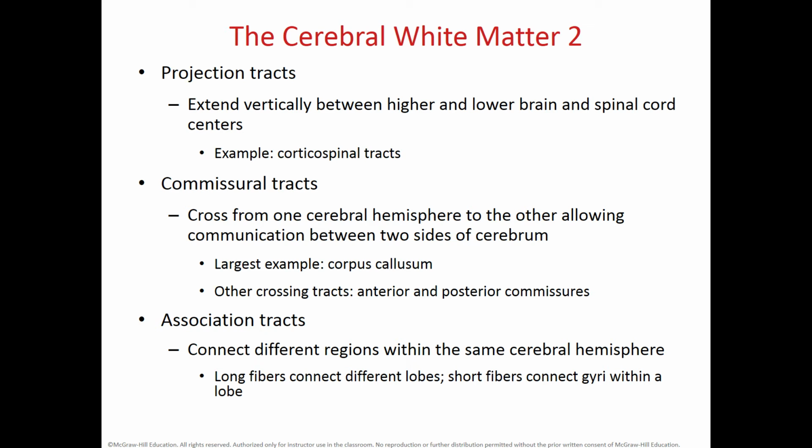For example, we have the corticospinal tract. Commissural tracts run from side to side of the brain, so they connect the cerebral hemispheres. We have the corpus callosum and the anterior and posterior commissures as examples of commissural tracts. And then association tracts connect the different lobes of the brain, and there are short fibers that connect specific gyri within a lobe as well.